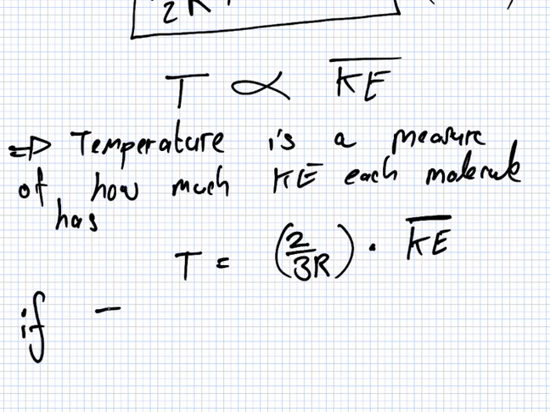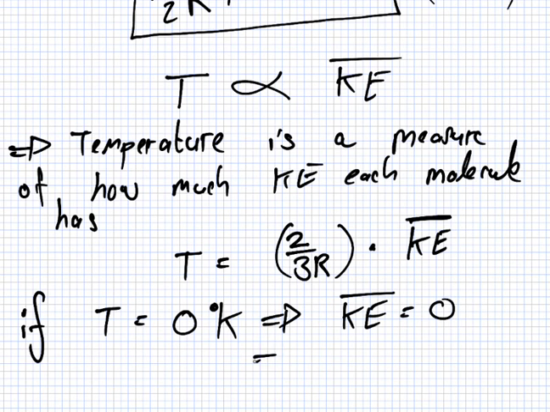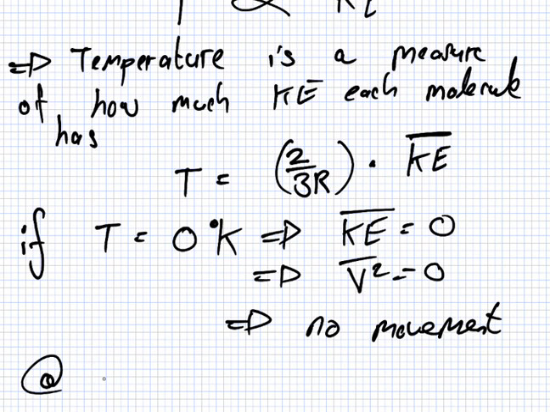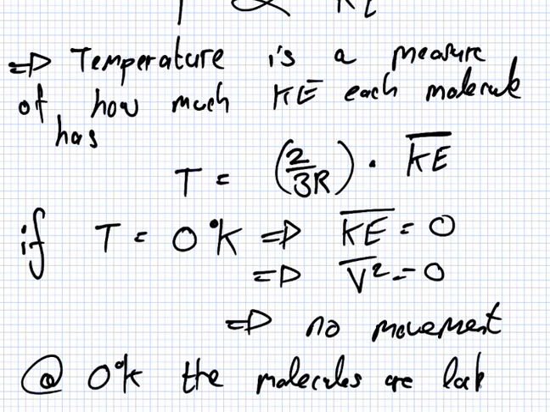What would happen if the temperature equals 0 Kelvin? What does that mean? Yeah, that means that the average kinetic energy is 0, which means the average velocity squared is 0, which means no movement. So at 0 Kelvin, the molecules are locked into place.